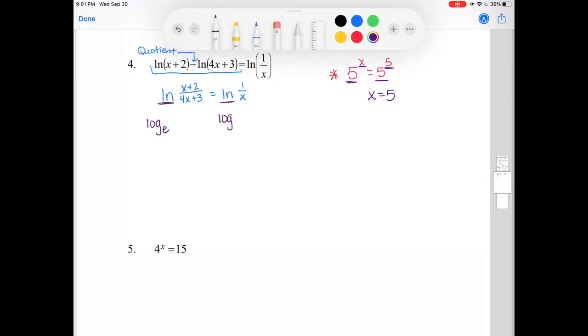If I have the same base, so if I'm looking here, remember that natural log is the same as log with a base of e. They still have the same base. I can focus on just the main term and set those main terms equal to one another. The same rule applies for exponentials as it does for logs.